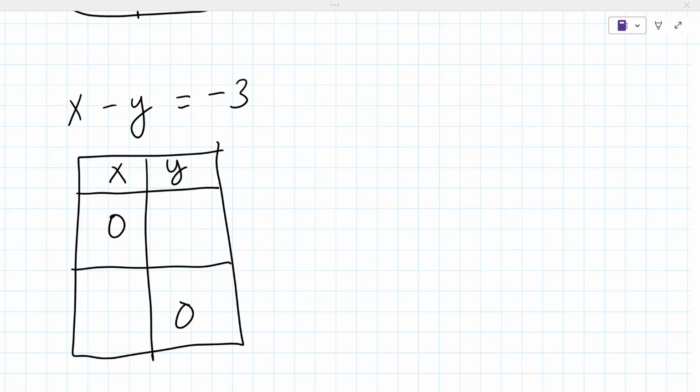Would y be -3/1 or just -3? Either of those are correct. So 0 minus y equals -3. There's really a -1 in front. How do you undo that? We did that in an earlier problem.